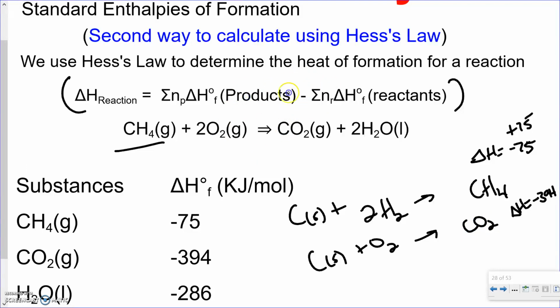We go from products minus reactants, which means our reactant at a negative 75 would go in here as a negative 75, and subtracting a negative is the same thing as adding a positive. So we would end up with positive 75, just like we would if we rearranged the reaction. So it's really the same exact thing we were doing, except now we're not having to rearrange reactions or anything. We just have to take the numbers, plug and chug, and get our numbers from there.